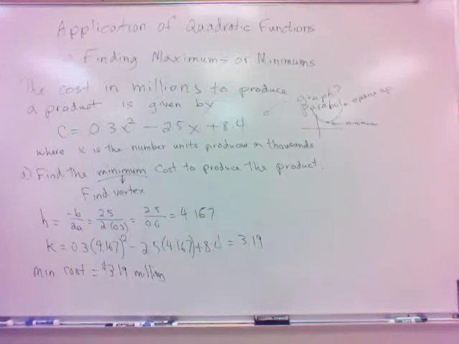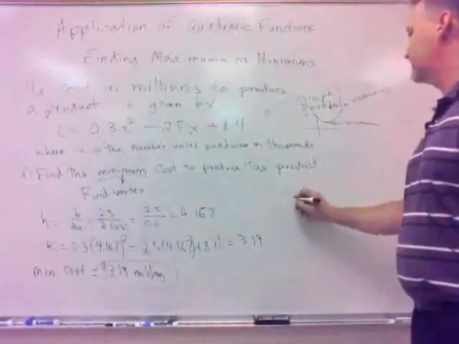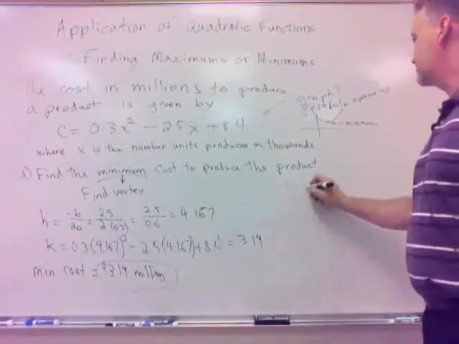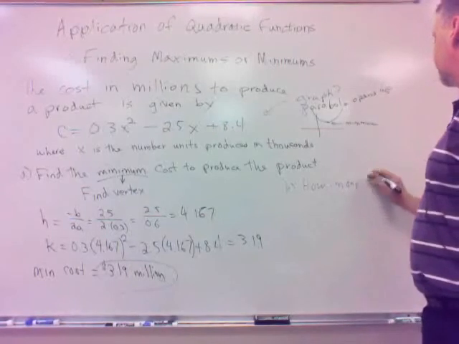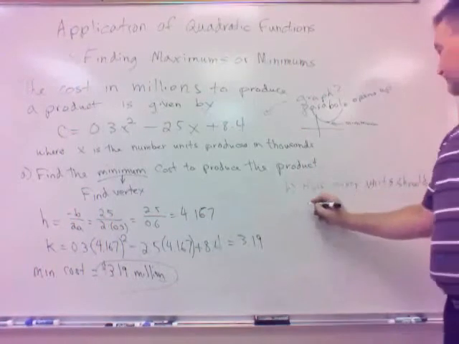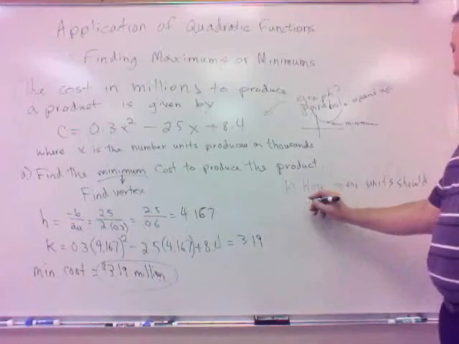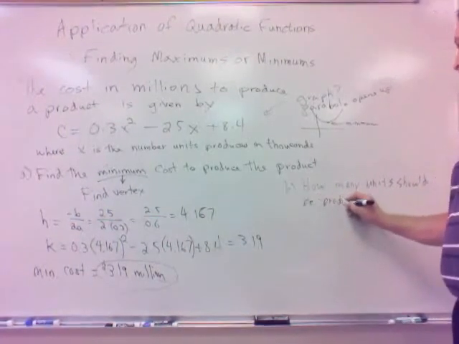Okay, now, of course, part B. That gives us the minimum cost. Part B is how many units should be produced to keep costs at a minimum, is how they word it in the book, I believe.